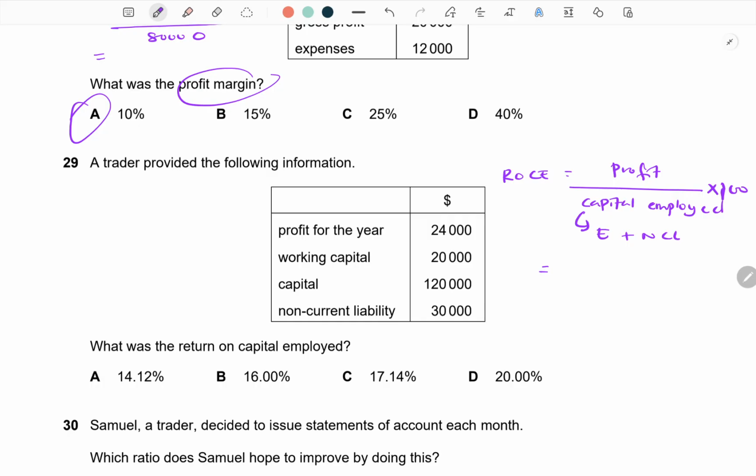So profit is 24,000 divide by capital 120,000 plus non-current liability 30,000 multiply 100%. So 120 plus 30,000 is 150,000. So 24,000 divide by 150,000, and then multiply 100%, will give you 16%.